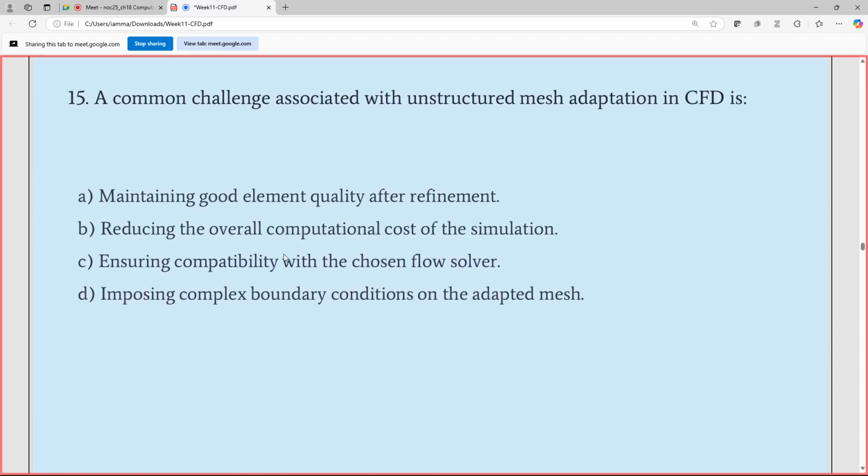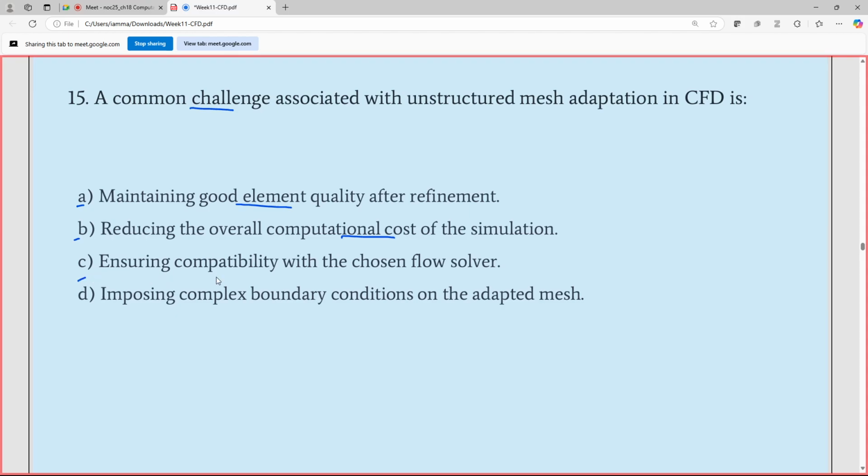A common challenge associated with unstructured mesh adaptation in CFD is. So the question is asking about a limitation or challenge associated with unstructured mesh adaptation in CFD. Options are: option A, maintaining good element quality after refinement. Option B, reducing the overall computational cost of the simulation.